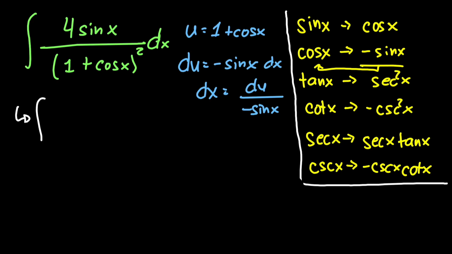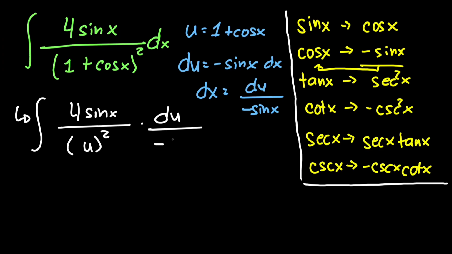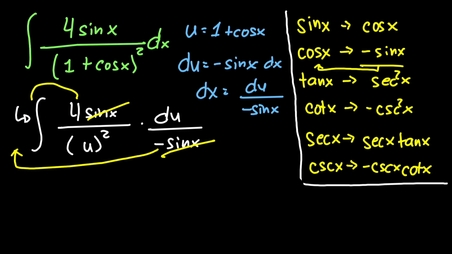So, this would be the integral of 4 sine x over u squared, and dx right here would be equal to du over negative sine of x. You can see here, sine of x would cancel. And so you can put the negative outside and also the 4 outside the integral. So this would be negative 4 integral of du over u squared.